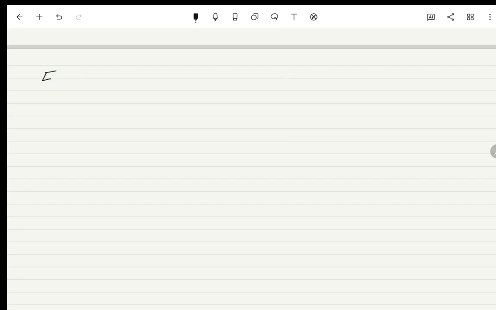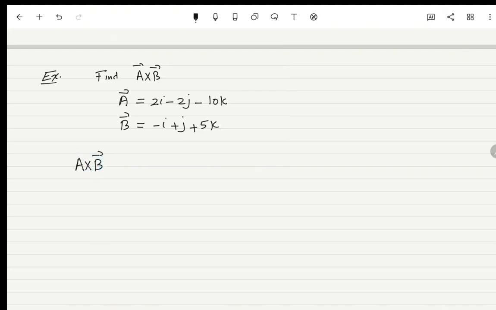Example, find A cross B in such a way that A equals 2I minus 2j minus 10k, B equals minus I plus j plus 5k. To find A cross B, the easiest way is to open a determinant like this one here.